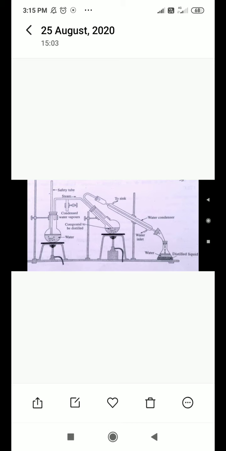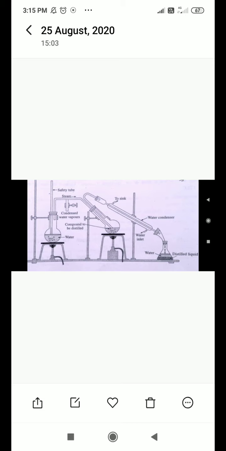Okay. When this RBF, the mixture-containing RBF, produces vapors, we are passing steam through another RBF. This steam helps to increase the temperature of that system, that is, the mixture-containing RBF.